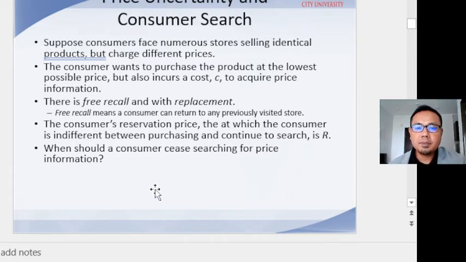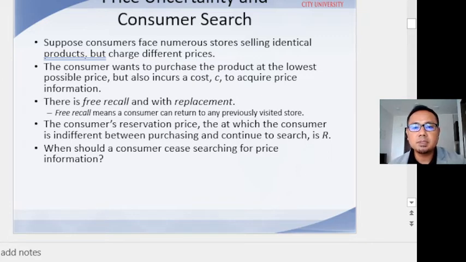Now the situation of price uncertainty and consumer search. Up until now we have assumed consumers know the price of a good with certainty. The analysis is more complicated in situations where consumers do not know the prices charged by different firms for the same product.